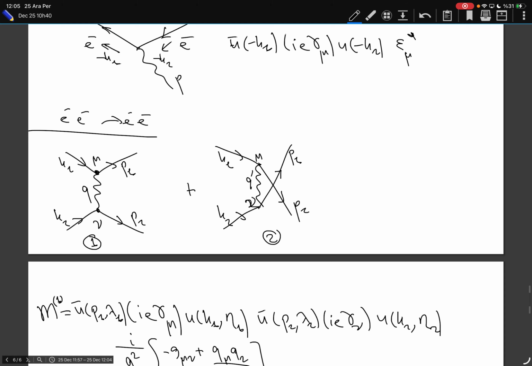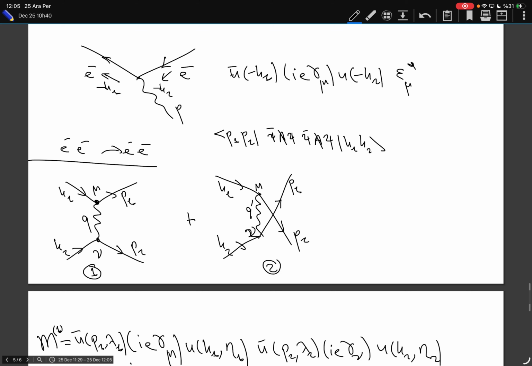Let me write it explicitly so it will be more clear why we get that minus sign. You see, the matrix element we are looking for is this one, the P1, P2. I will not be writing down the polarization labels. And I have psi bar A slash psi and psi bar A slash psi. This is the second order term, K1, K2.